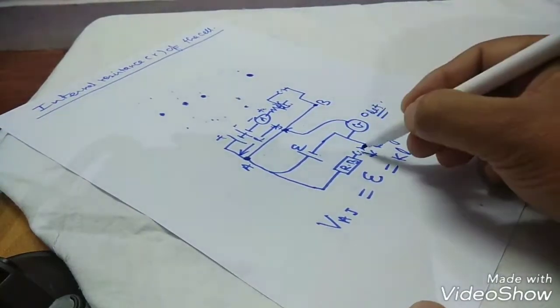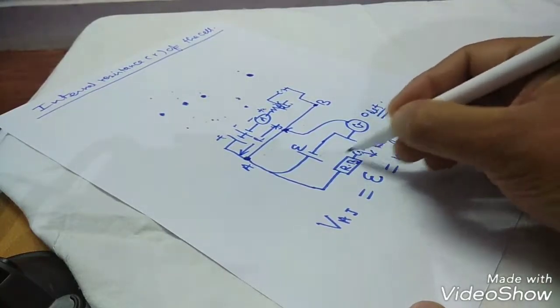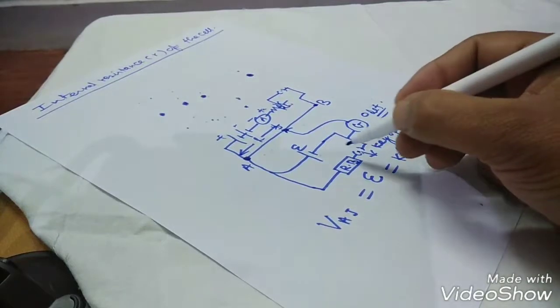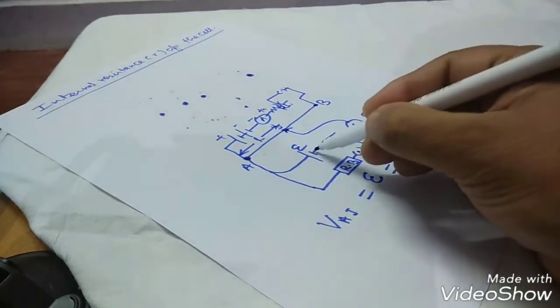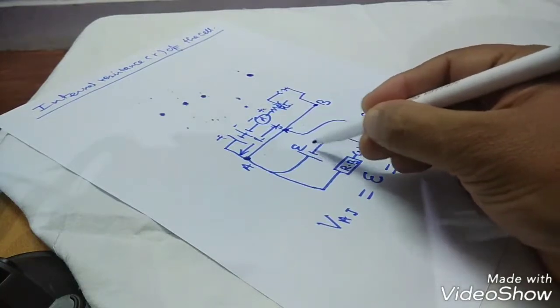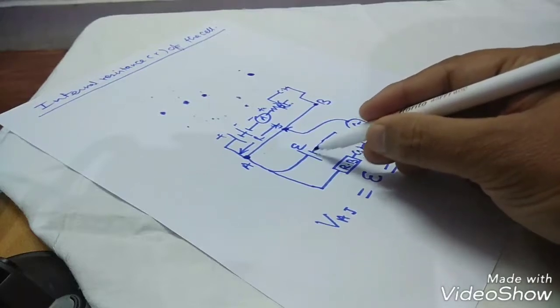Now what will we do? We will close it. When this key is closed, this resistance box will come in circuit. So current will pass through this resistance box also, and the current will pass through the electrolyte of this cell also. So there will be potential drop across the internal resistance offered by this cell.